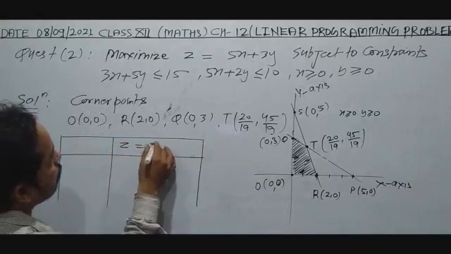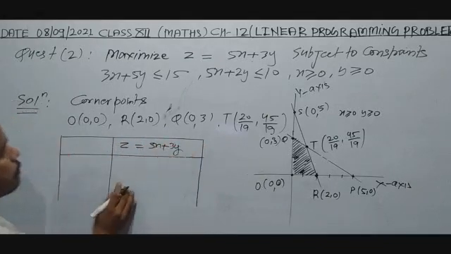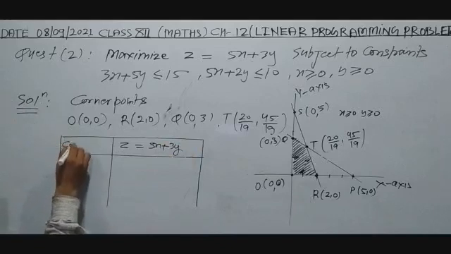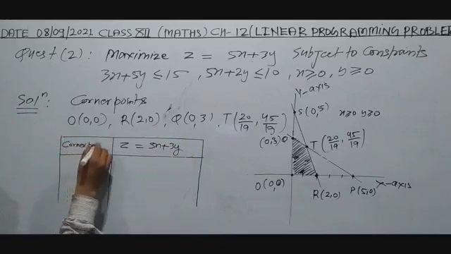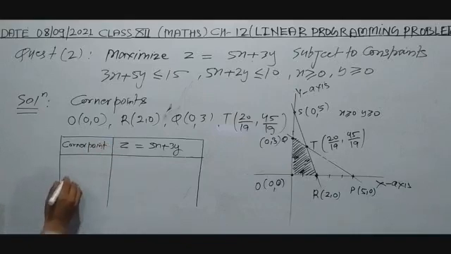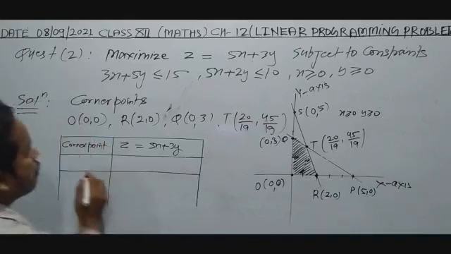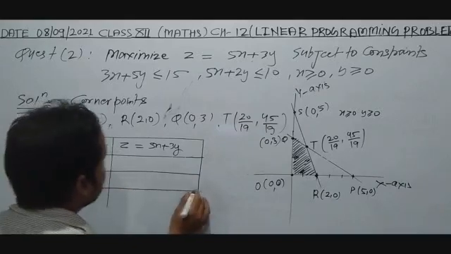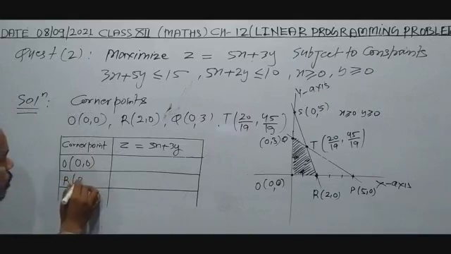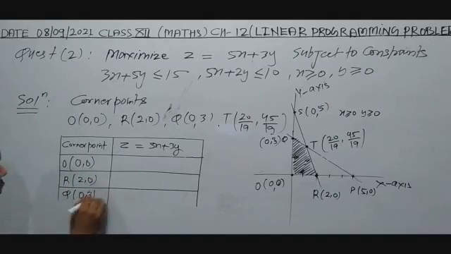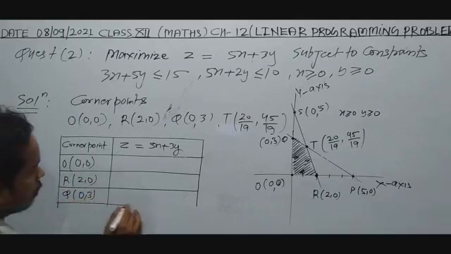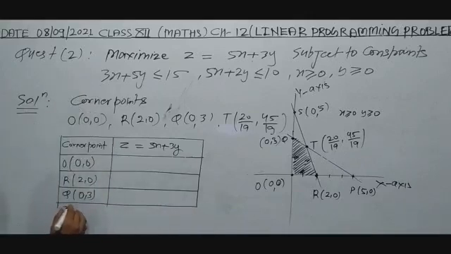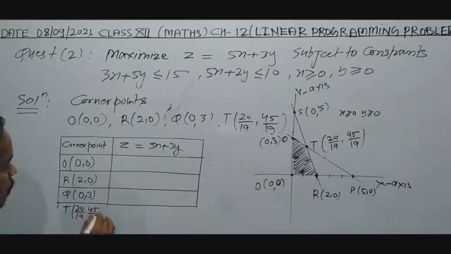Z is equal to the given 5x plus 3y, and the corner points are O (0, 0), R (2, 0), Q (0, 3). Now T coordinate is (20/19, 45/19).